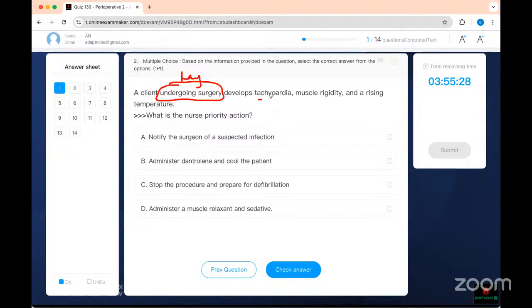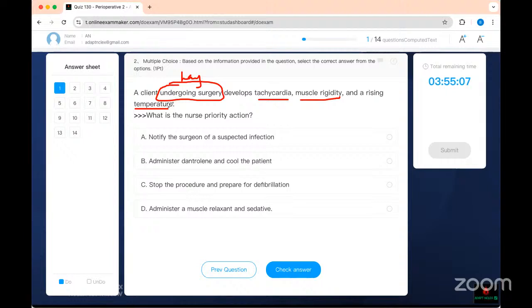All of a sudden, there's tachycardia, muscle rigidity, and rising temperature. Those are three buzzwords. You know what it means. If I tell you a patient has tachycardia, muscle rigidity, high temperature, and is having surgery, there's only one thing that can cause that.